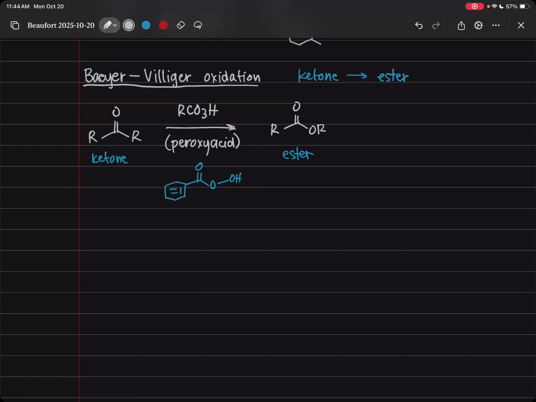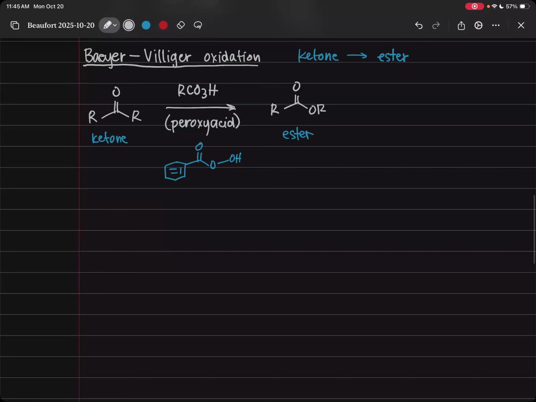So that's cool. There's a lot of chemistry you can do with an ester that you can't do with a ketone. We'll talk about that a bit later. But that is a carbon-carbon bond breaking reaction. Again, those are also fairly useful.